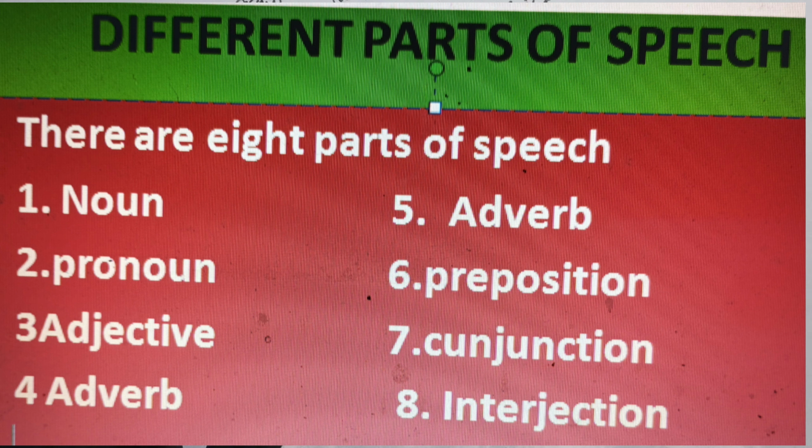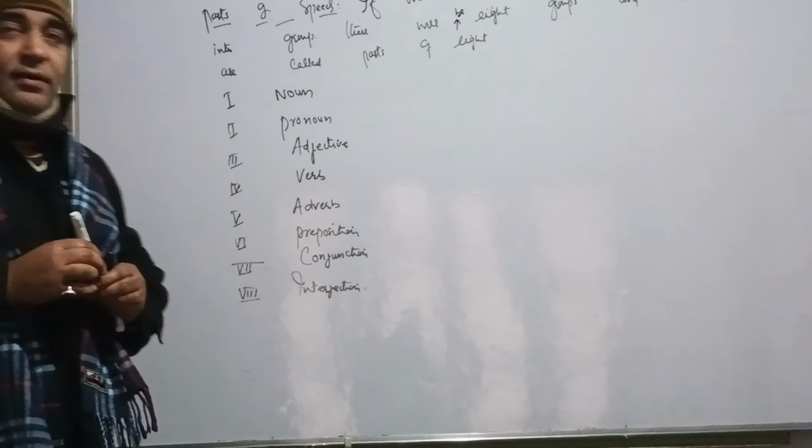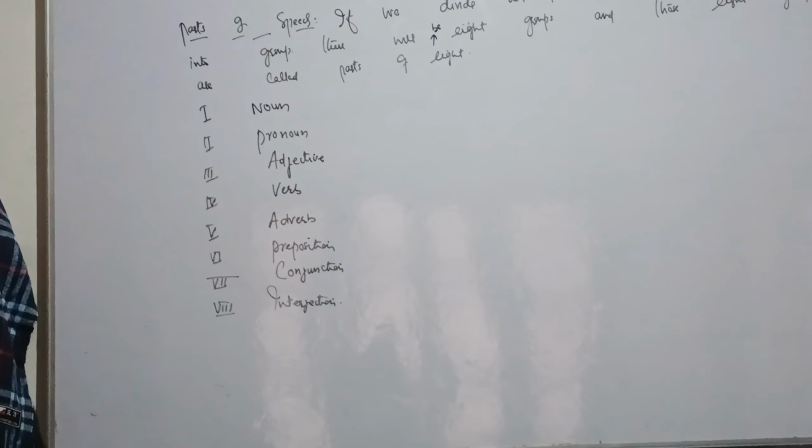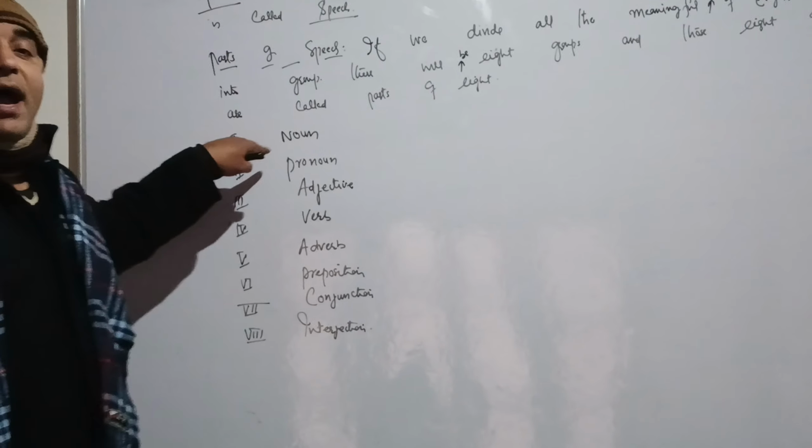Number sixth, that is preposition, and number seventh, that is conjunction, and number 8, that is interjection.